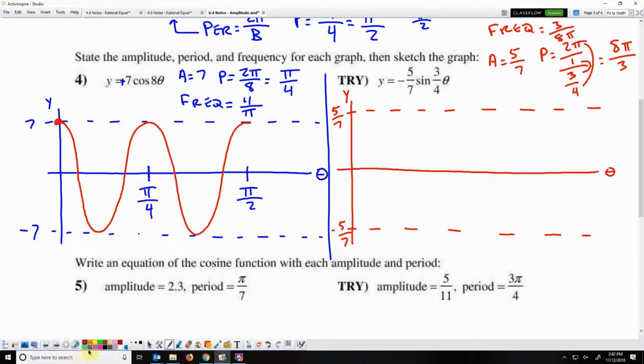This graph is of a sine wave, which means it's going to start in the center. And it also has this negative in front, which is a vertical reflection. Which means instead of going up first, it's going to go down first.